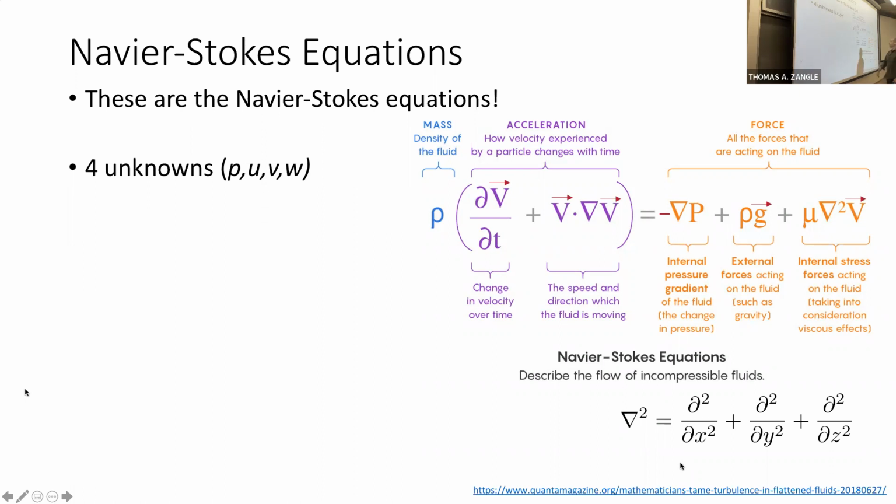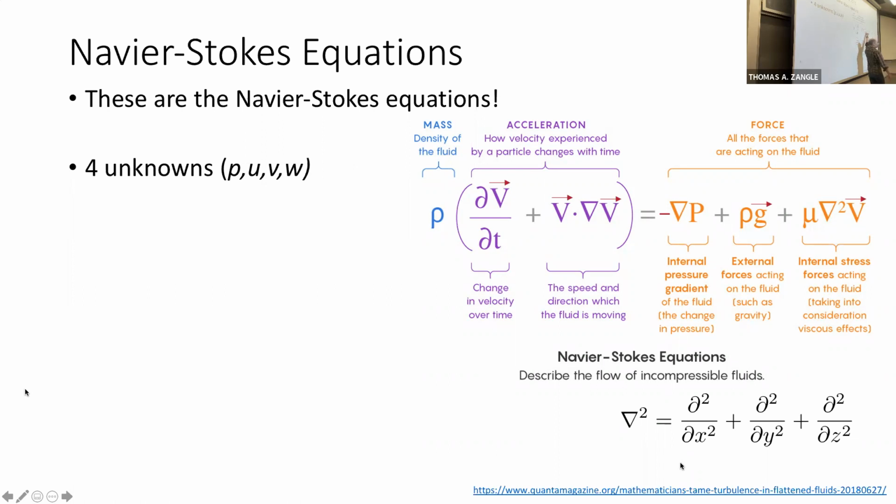The question is, what is and is not a vector? The whole expression is a vector, meaning the whole thing has to resolve to a vector. If we take dv dt, this is just a vector. In this form, this is the convective acceleration term.